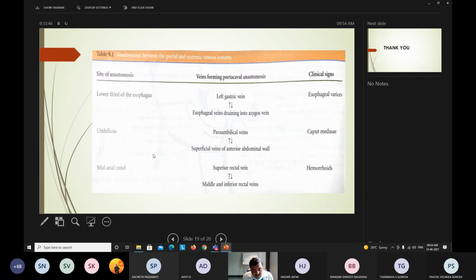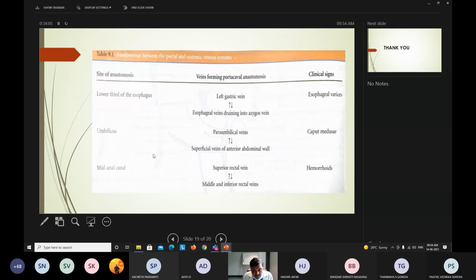Now coming to some applied aspects of the portal vein. As you know, normal portal vein pressure is 5 to 7 mmHg. More than this is called portal hypertension.